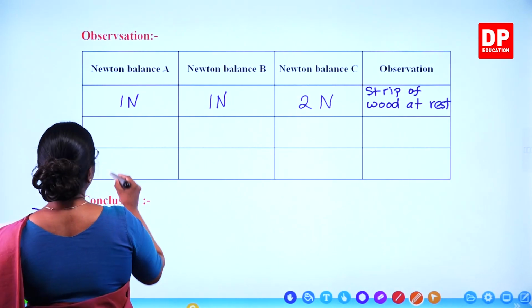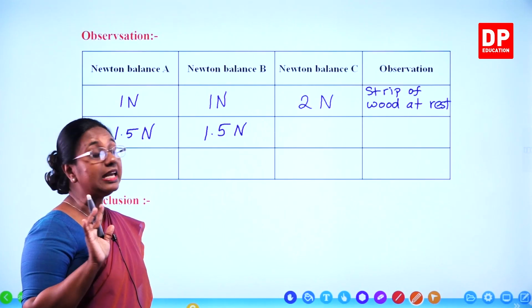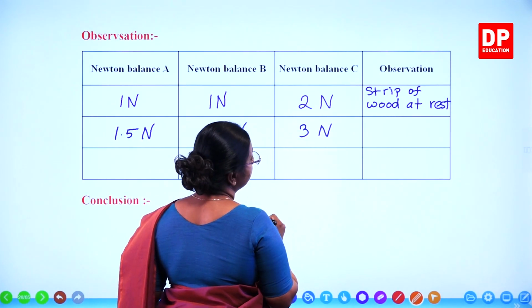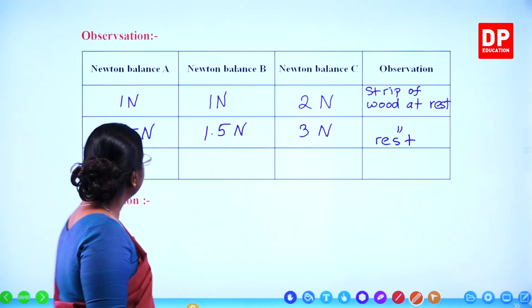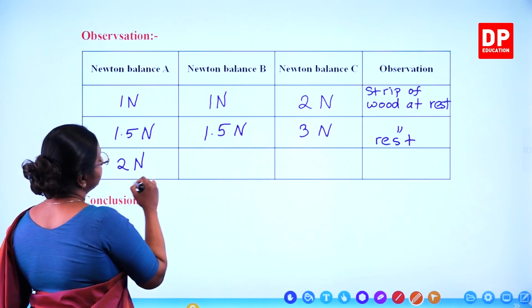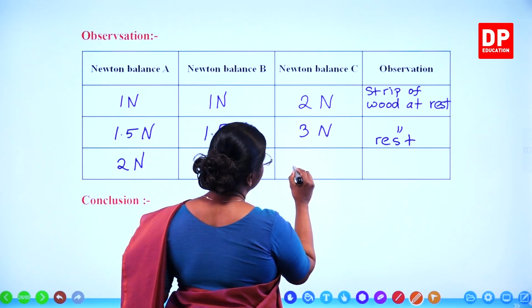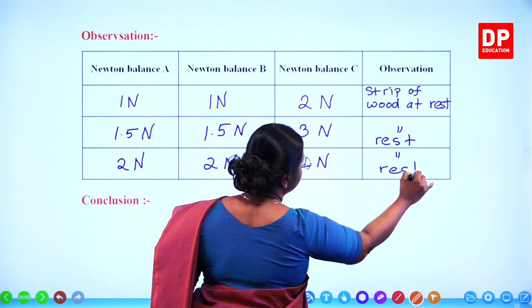If you can remember, I applied a force of 1.5 Newton in both Newton balance A and B. We were supposed to apply equal magnitudes of force. Newton balance C, you saw the reading 3 Newton, and again the strip of wood was at rest. Then again, I did the activity applying 2 Newton force using balance A and balance B. Then what was the reading at Newton balance C? It was 4 Newton, and again the strip of wood was at rest.